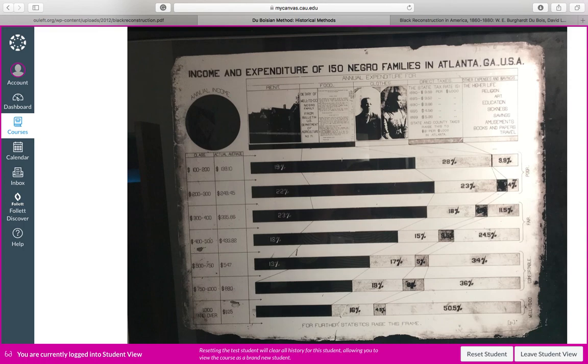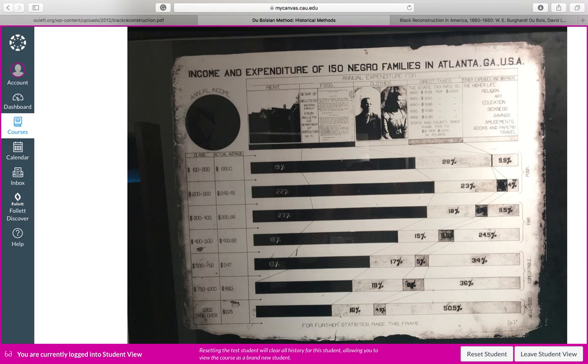This gives us, again, a couple of things to really sort of marinate on. One is what we think we know about the time period. Two is what the evidence tells us about the time period.